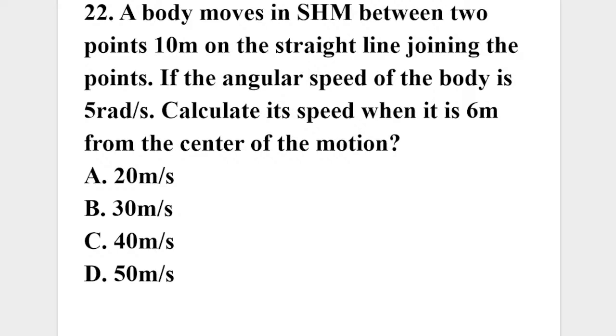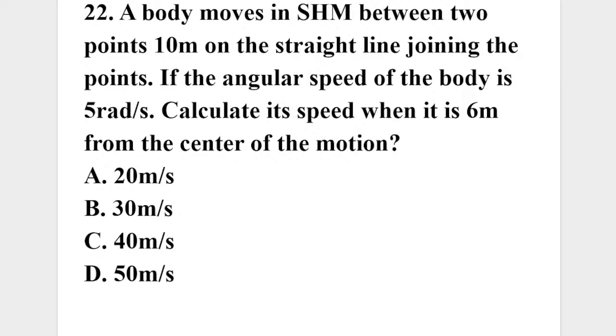We use x as a particular point in that extension, and A as the amplitude. I know amplitude is the maximum, so it's A squared minus x squared. It can't be x squared minus A squared because A is always more than x.